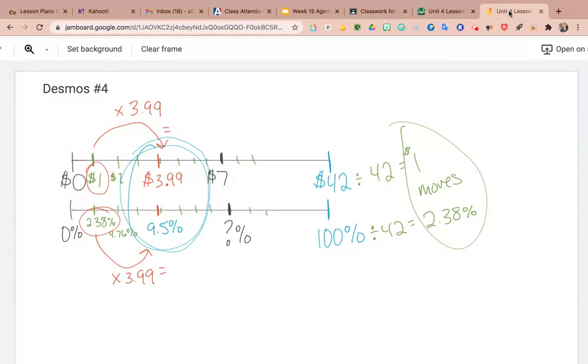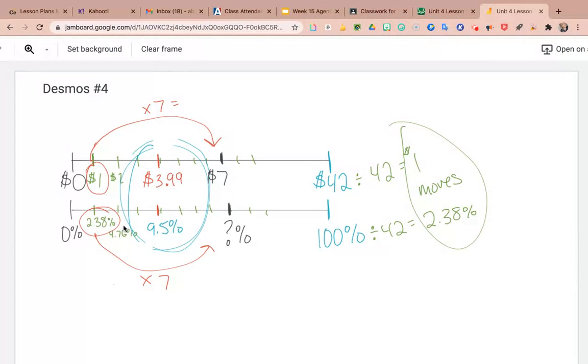Well, how do I go from 1 to 7? So I need 1 plus 1 plus 1 plus 1 plus 1. I'm going to need 7. I'm going to have to add this 7 times, or I can just multiply by 7.